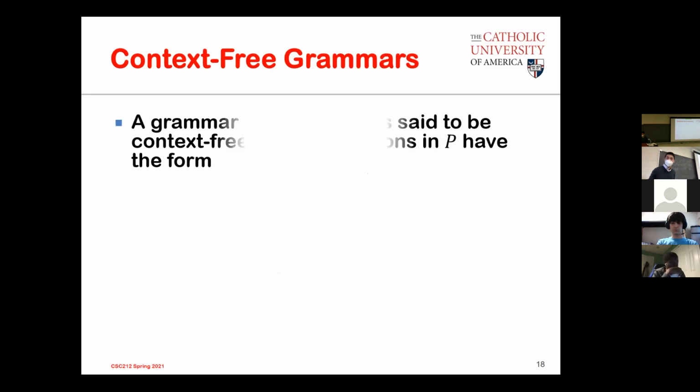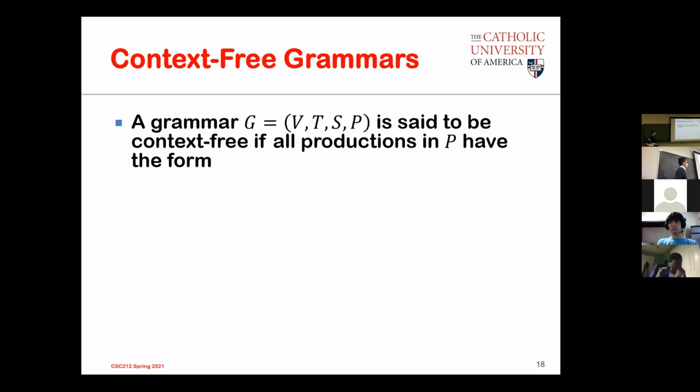So, definition. A context-free grammar is a grammar G with all the productions having the form A to x, where A is a member of V and x is a member of (V union T) to the star closure.